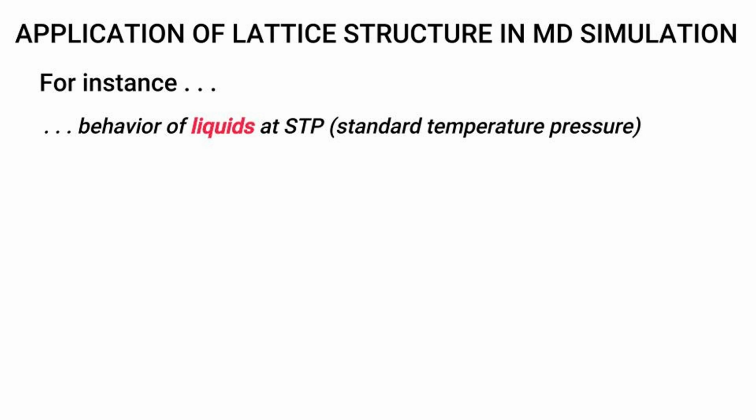But what if we want to simulate the behavior of a liquid? How can we go about it? As we want to simulate the behavior of a liquid and liquids do not have a defined shape, we cannot assign a defined lattice structure to it. So how can we assign initial positions to its constituent atoms or molecules?